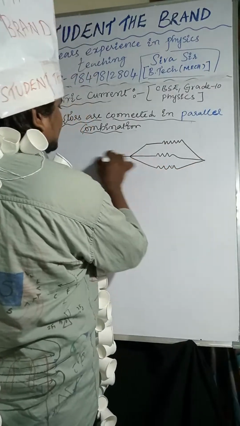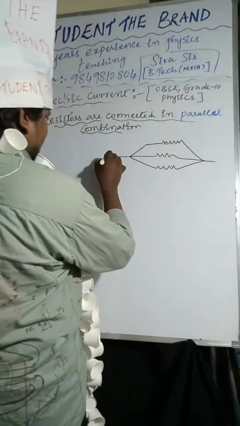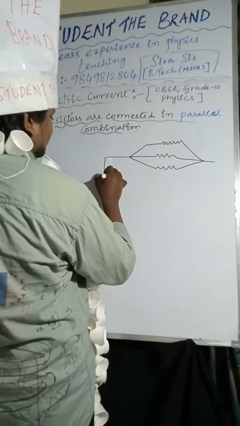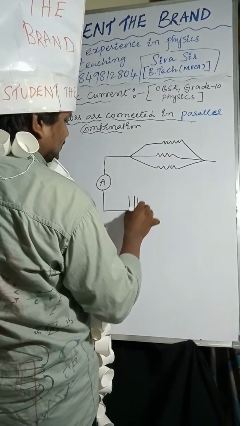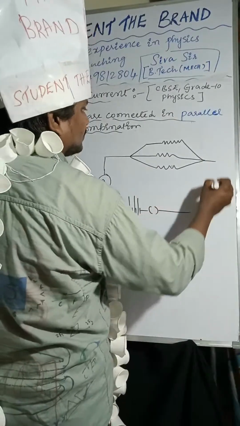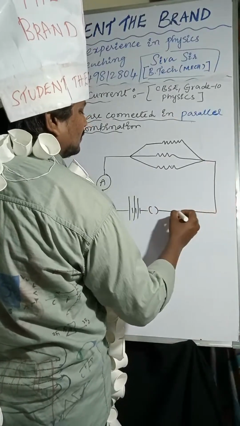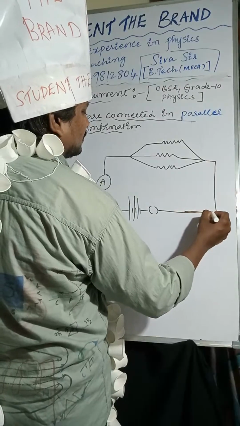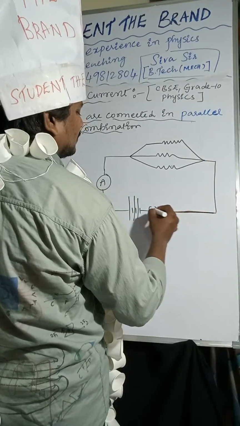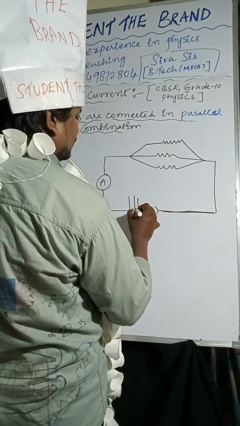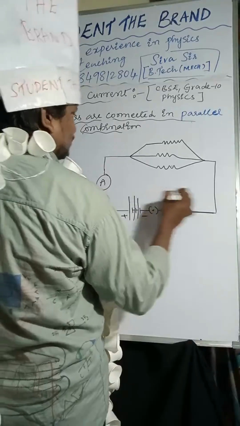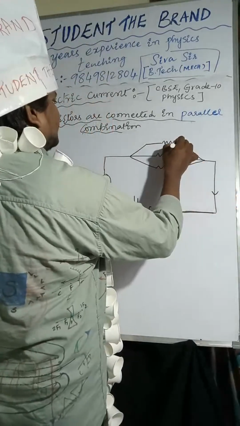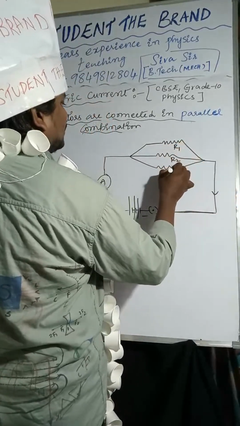The resistors are coming like this, with an ammeter, R1, R2, R3.